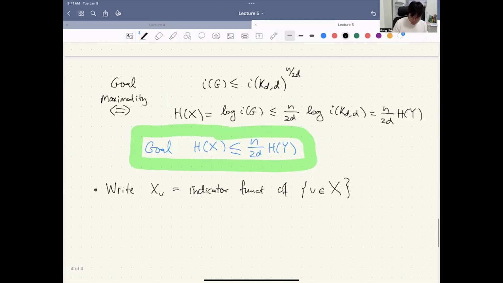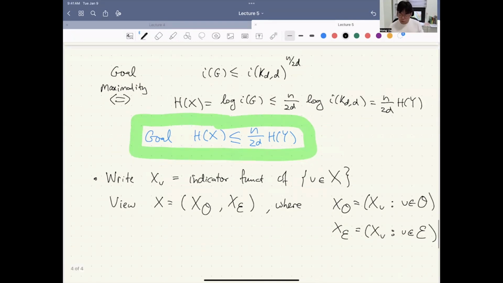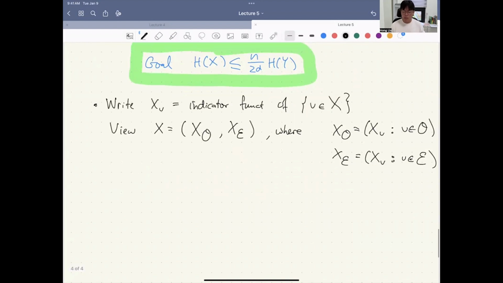Then we can view X as a random vector, where we're going to write it like this, as xo, xe, where xo is just the vector of all indicator functions xv, where v is on the odd side, and xe is all the indicator functions where the vertex is on the even side. So far, so good. We haven't done anything yet. Just rewrite how X looks like.